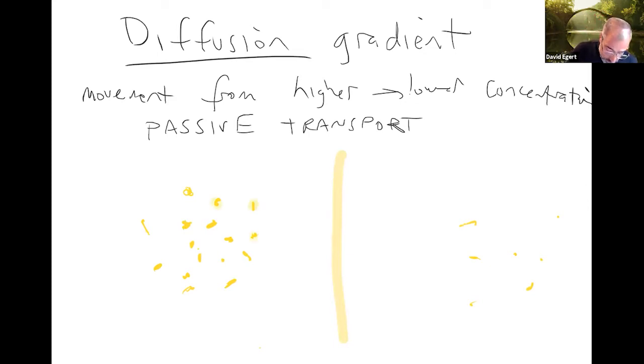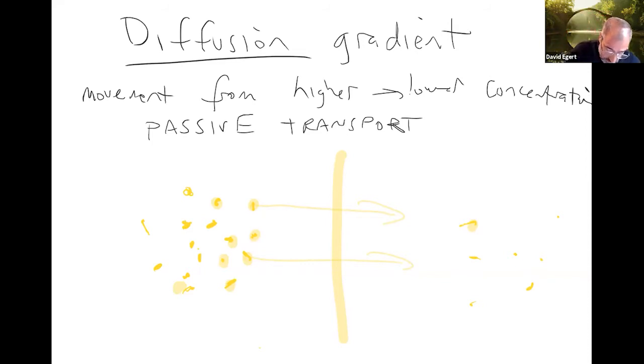I'm going to personify. They don't have any intentions, or they're not looking around and deciding what they want out of life, but it's easier for me to think about it that way. So they want to move from higher to lower concentration. Wherever there's more of them, they're going to move towards where there's less of them. So this is a diffusion gradient.